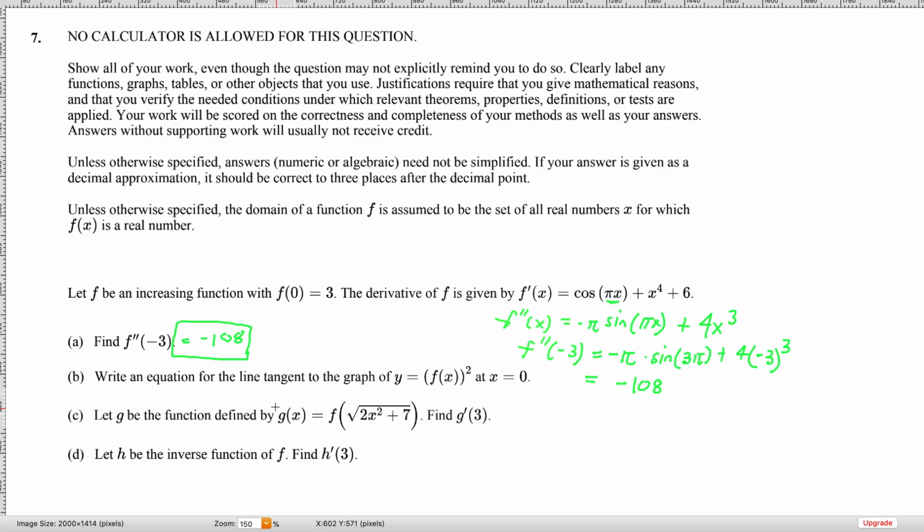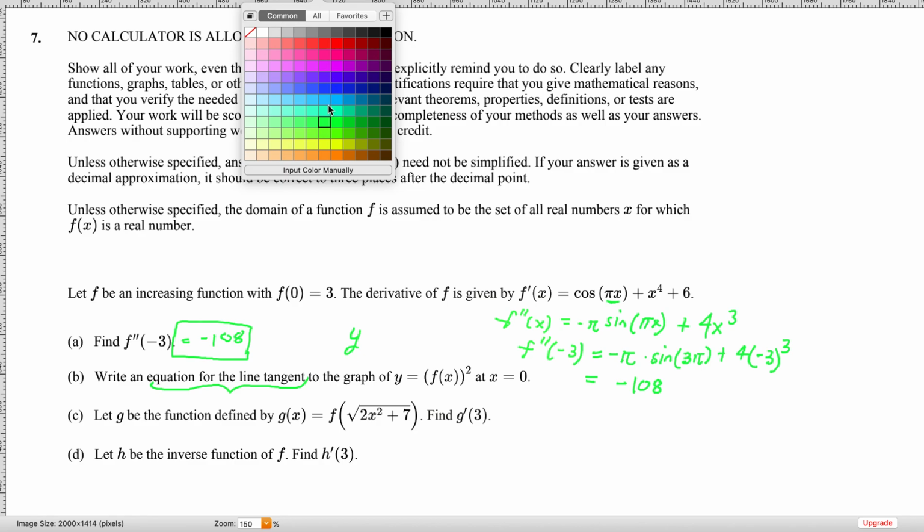Now, the next thing that they ask you for is to write the equation for the line tangent to the graph of y equals f of x, the whole thing squared, at x equals 0. So in order to do this, if you want to get the equation of the tangent line, what you first need is slope. So slope of that tangent line is going to be given by the derivative of this. So y prime, let's do this in a different color so it's clear.